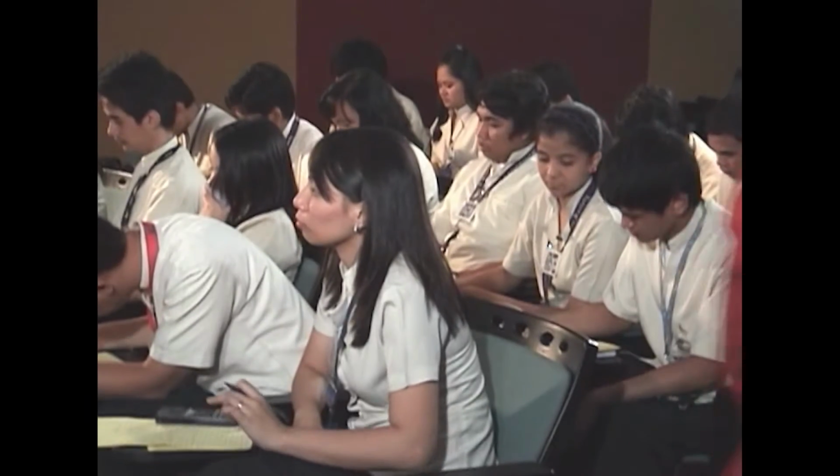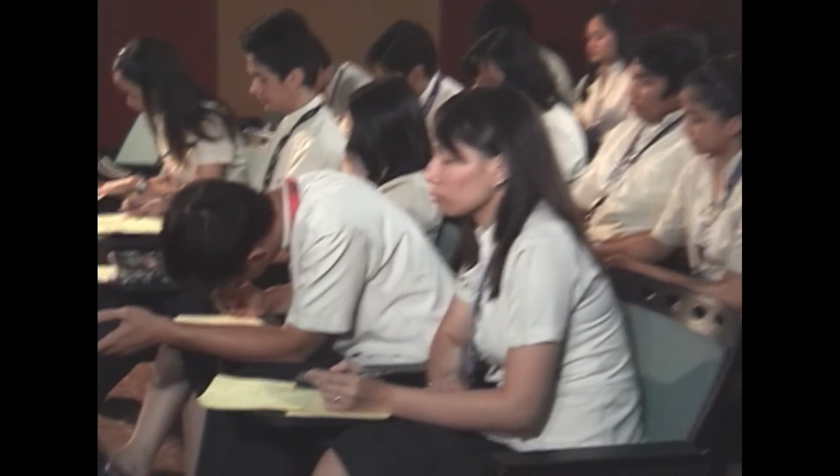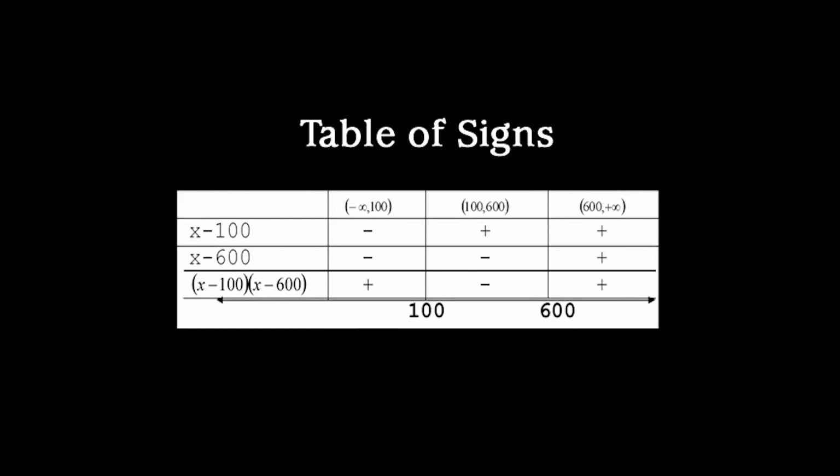Do the same for x minus 600. Let's see if you have the same table of signs. Can you check? This is how your table of signs should look. Alright, who can write for us the solution to the inequality and interpret your solution?